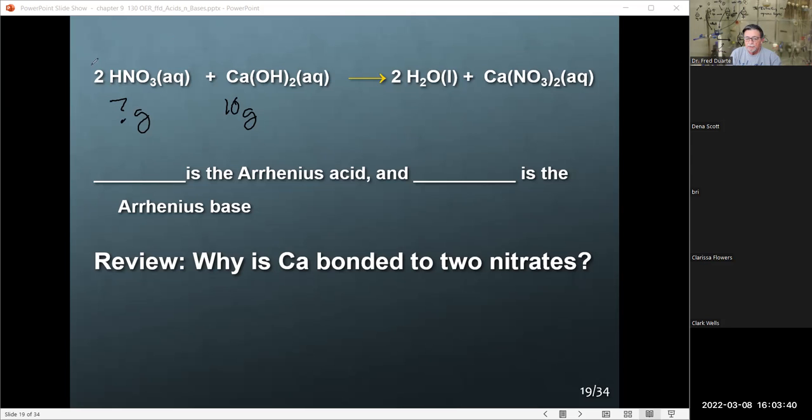I'm going to use that ratio of 2 to 1. It's going to be very important. Or I may ask, if I have 10 grams of calcium hydroxide, how much water in grams am I going to make? That ratio, 1 to 2, is going to be very important in that calculation.